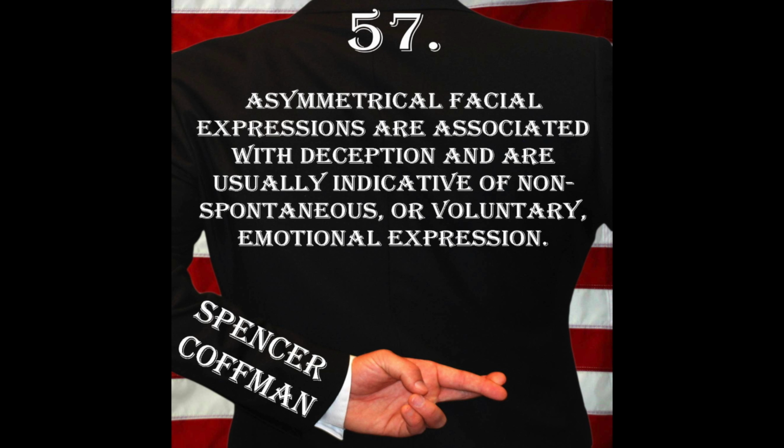There are a lot of similar things with deception and how they should be congruent and symmetrical, and they can't be asymmetrical or contradictory. So today we're talking about asymmetrical expressions. Now, if truthful expressions must be symmetrical, then by reasoning, if you see an asymmetrical expression, it's probably going to be false or non-truthful.